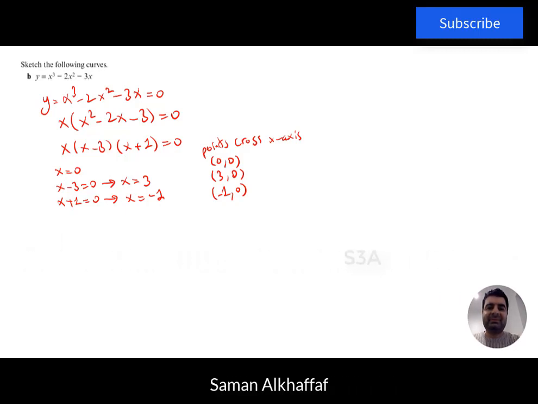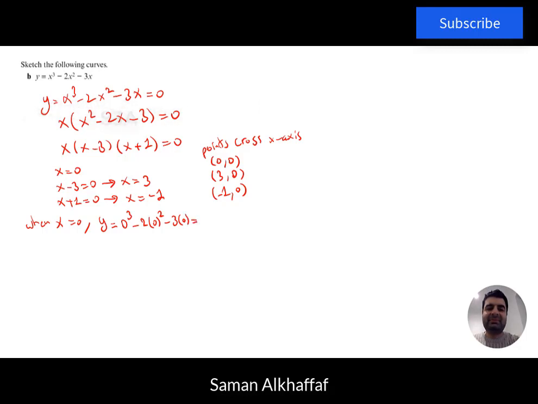Now we will also find where it crosses the y-axis, and since it crosses the origin, that means it also crosses the y-axis, but we can also prove that if we want to. So when x is equal to 0, y equals 0 cubed minus 2 multiplied by 0 squared minus 3 multiplied by 0.